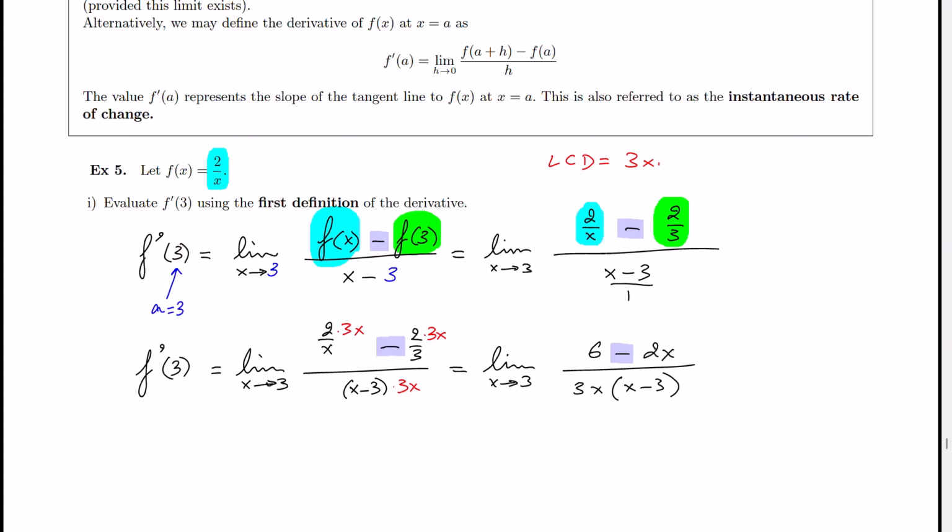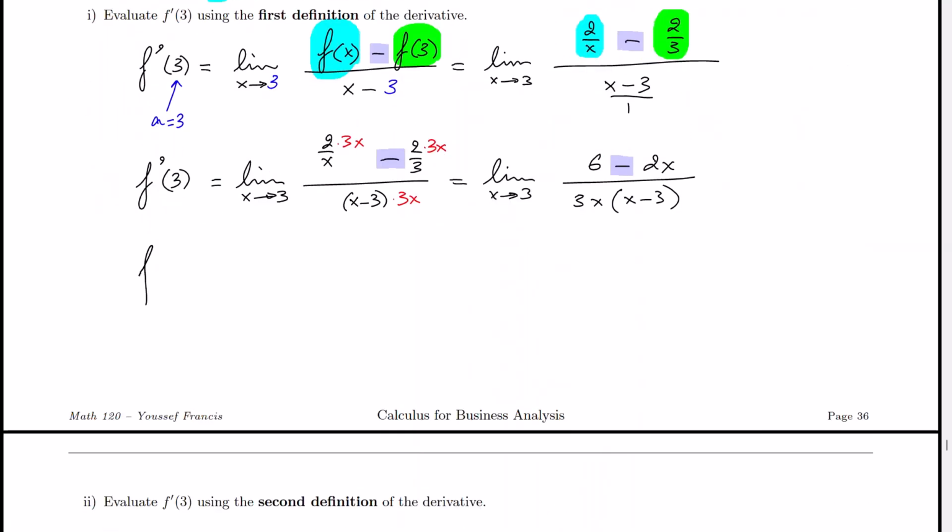Okay, if I try to plug the 3 in right now into all this, nothing is going to work again. It's going to be 0 over 0. So again, continue reducing the fraction. I'm writing f prime of 3 so I don't forget what I'm doing in this whole problem and what the purpose of this is.